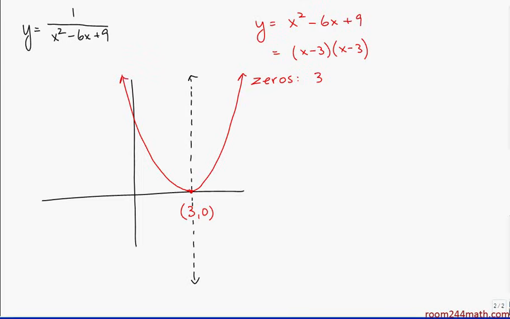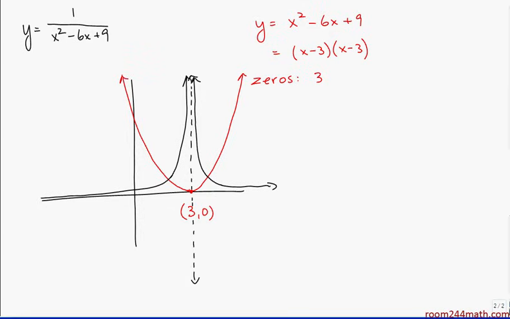On the left, the parabola is positive, and so the reciprocal function is positive. And we've seen this sort of behavior before. On the right, just the mirror image. So we end up having no negative values here whatsoever because the parabola never goes below the x-axis.